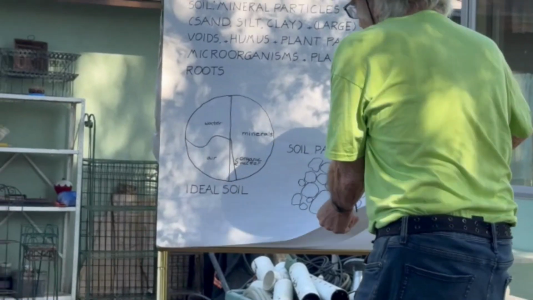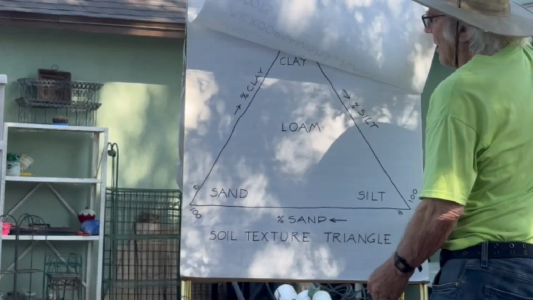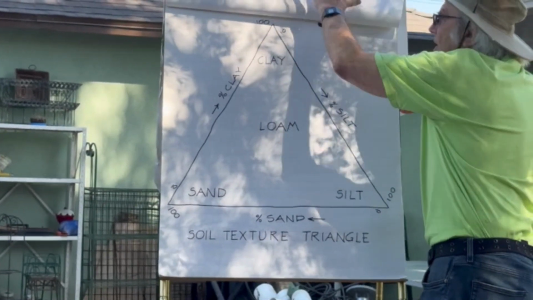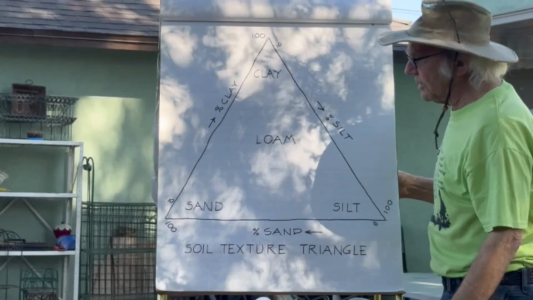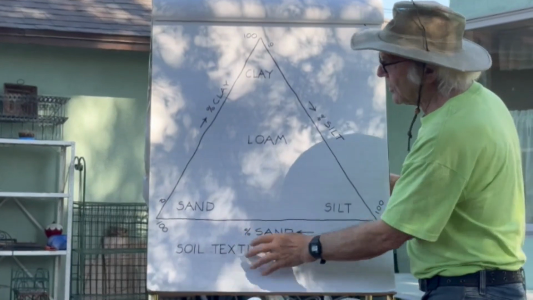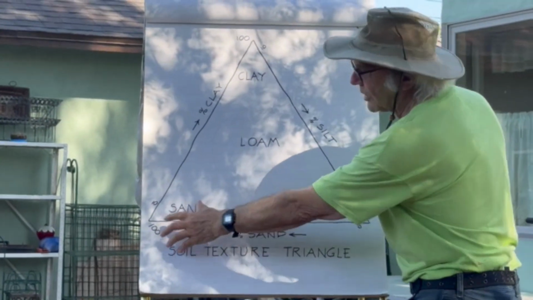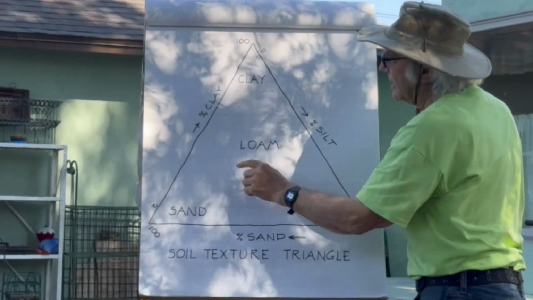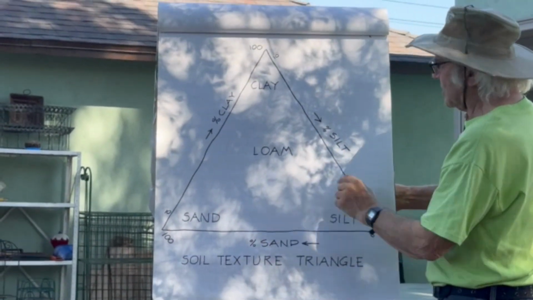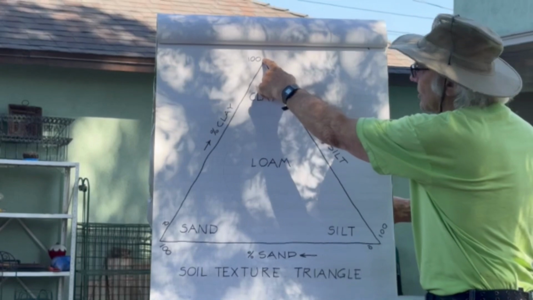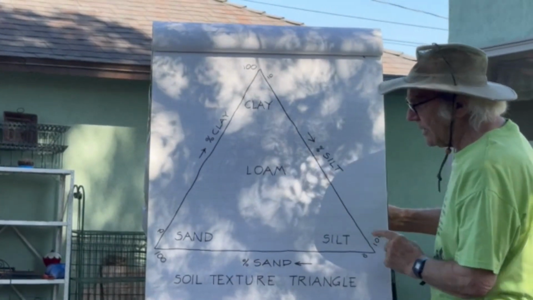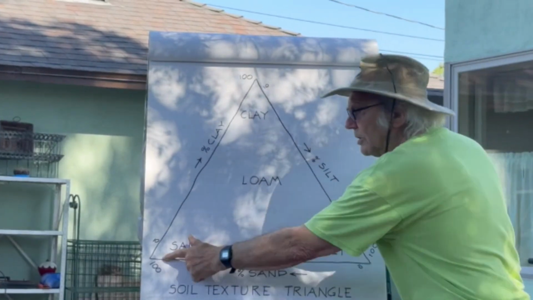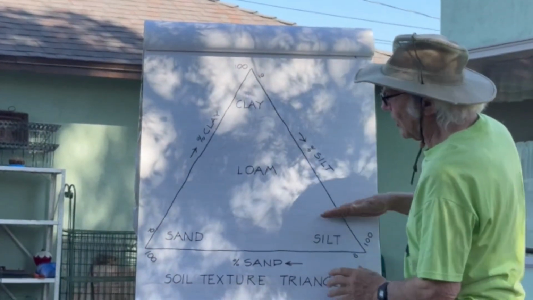And then we have a nifty soil triangle, and that measures the amount of clay from 0 to 100%, the amount of silt from 0 to 100%, and the amount of sand from 0 to 100%.